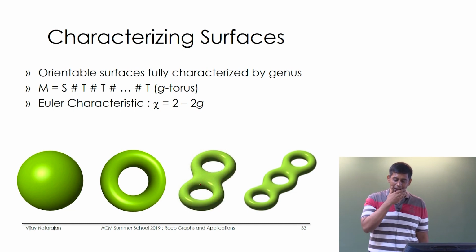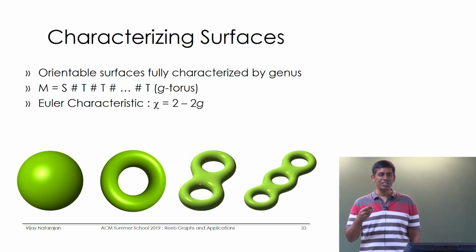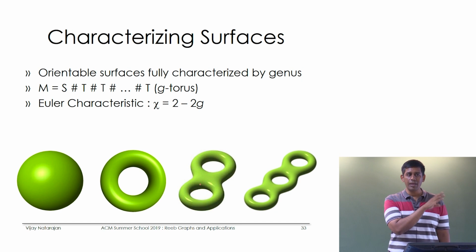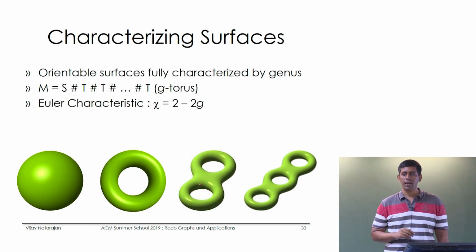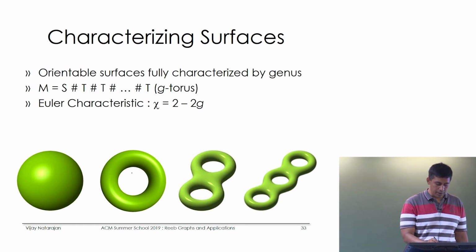So this is a characterization, and there is a number associated with each of these surfaces, which is called the genus. It counts what you see really as holes. This is not going to be the same as what we will do later, but informally this is what the genus is counting.